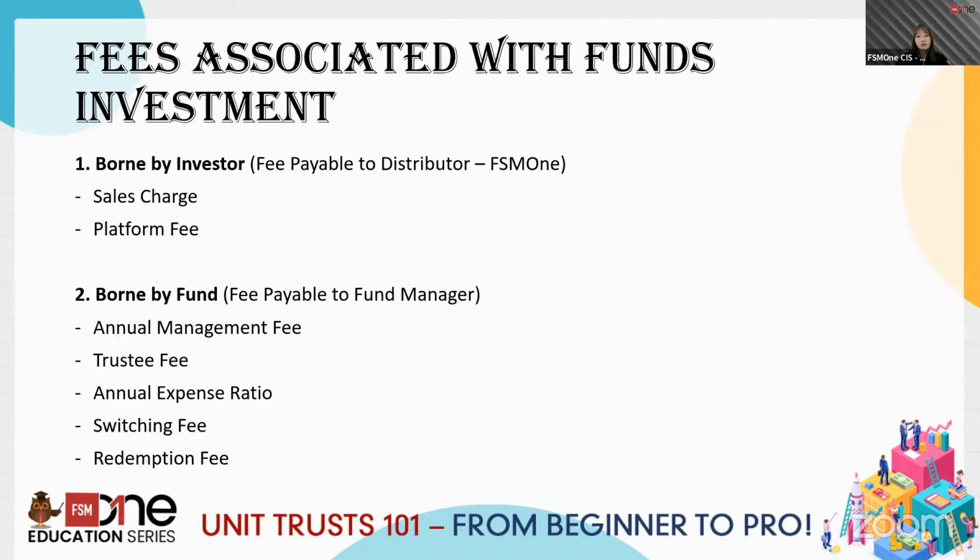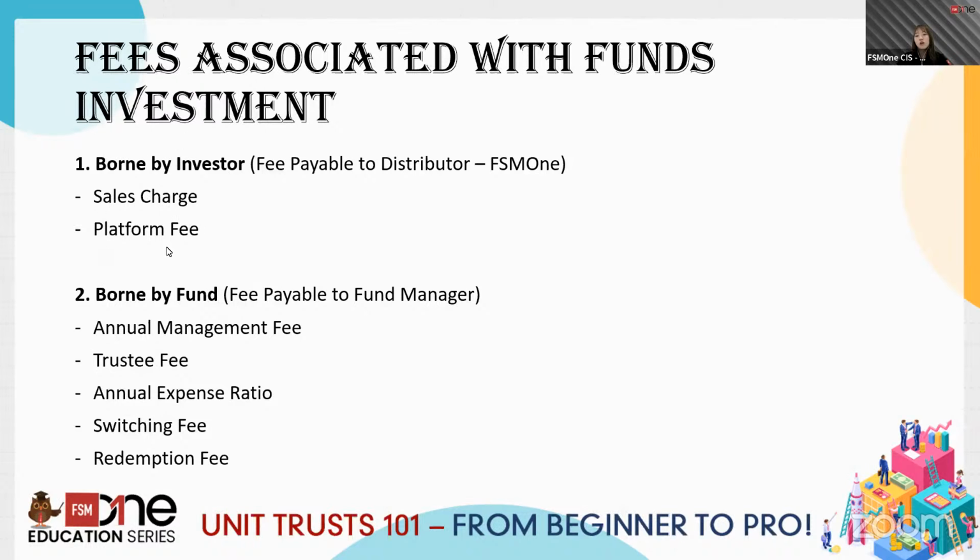Generally at FSMOne, our investor will pay a maximum of up to 1.5% sales charge on the equity fund, balance fund, alternative investment, and mixed asset, whereas the bond funds and money market fund are 0% sales charge.